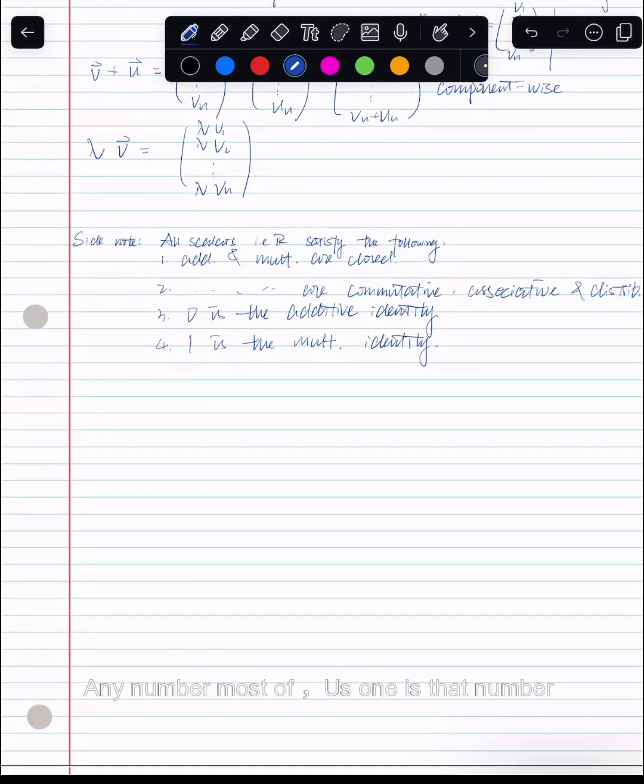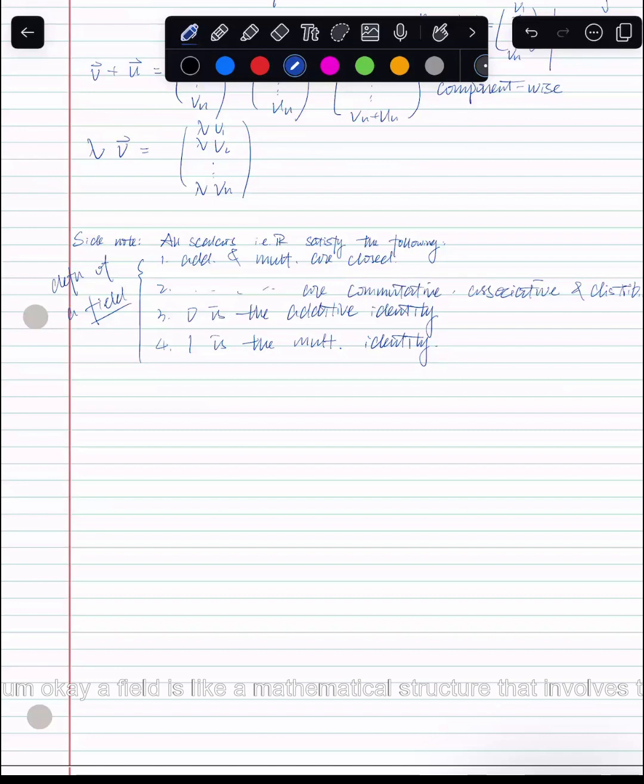So basically, these properties are the definition of a field. If in the future you're learning math, this is the definition of a field. What's a field? Just briefly, a field is a mathematical structure that involves these properties.